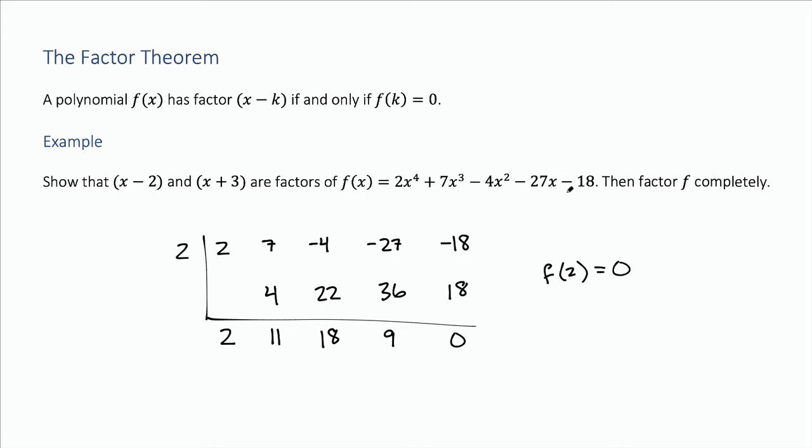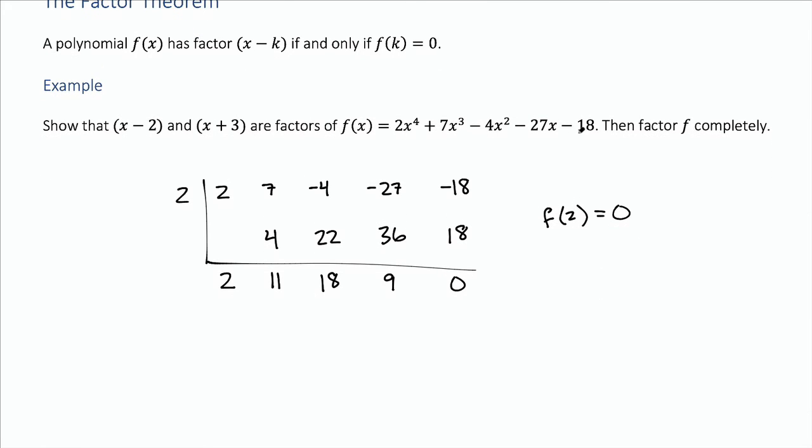Now, to show that x plus 3 is a factor, I can actually work off of the leftover coefficients. Because what I've just discovered is that I can take this polynomial and write it as x minus 2 times 2x cubed plus 11x squared plus 18x plus 9.